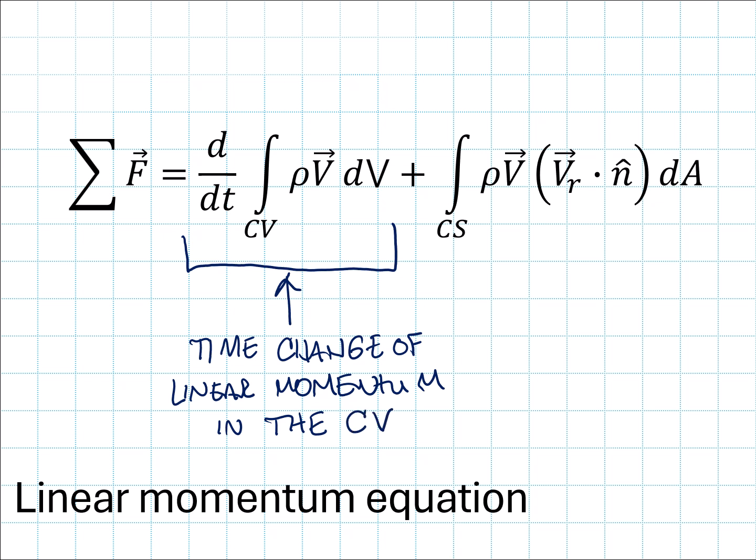So another way of saying this is that it's the change of linear momentum in our control volume over some time period. And then our other term over here, this is our net flux of linear momentum out of the control volume over that same time.